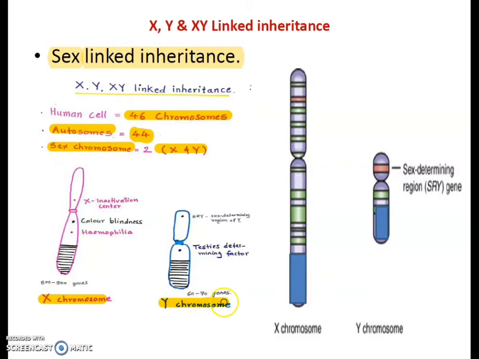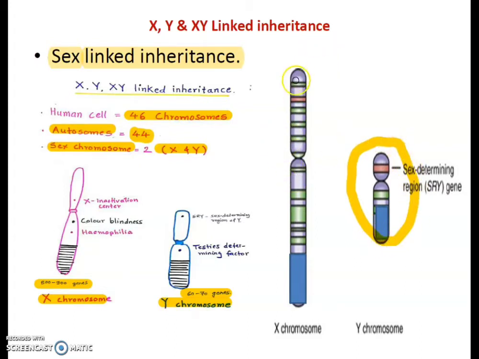See here, the Y chromosome is small compared to the X chromosome. So on the X chromosome there are 800 to 900 genes present, and on the Y chromosome 60 to 70 genes are present, because the Y chromosome is small compared to the X chromosome.